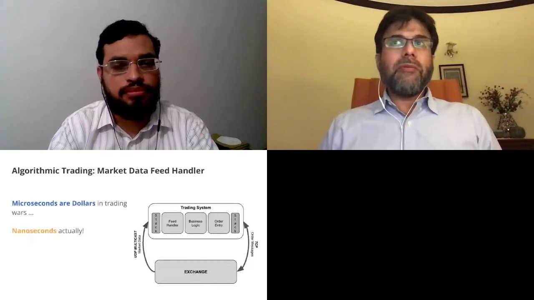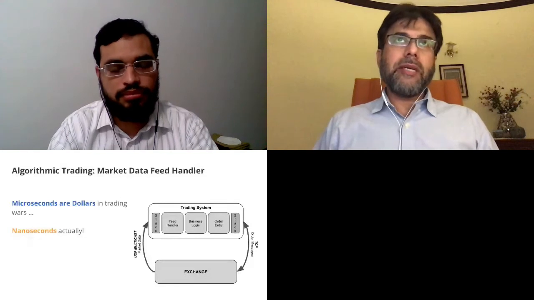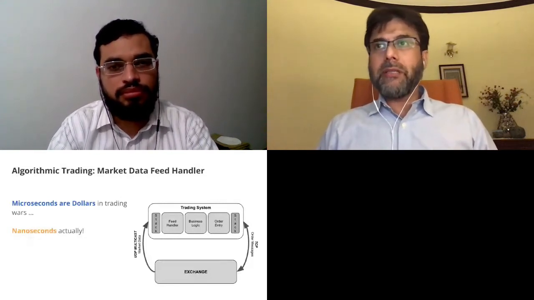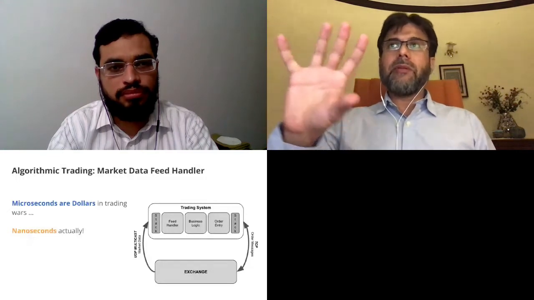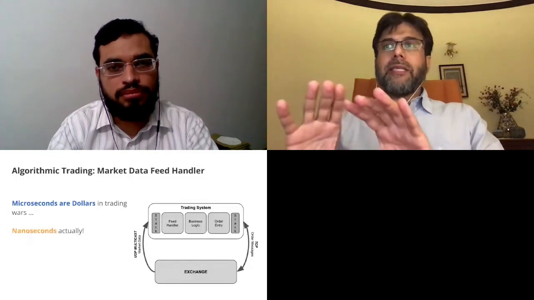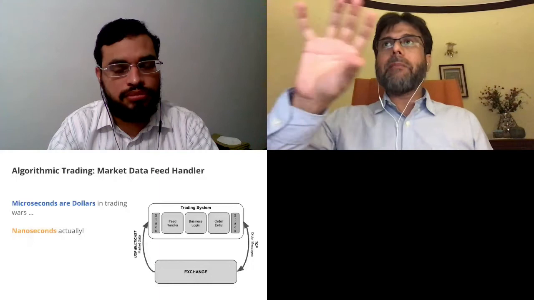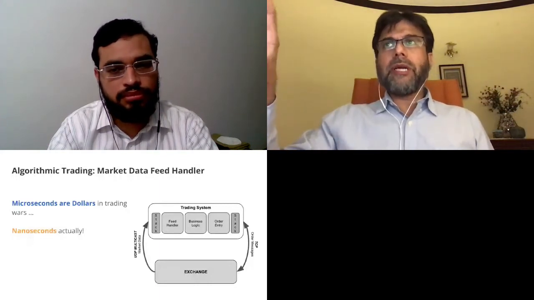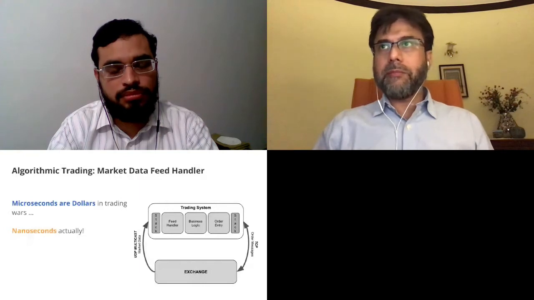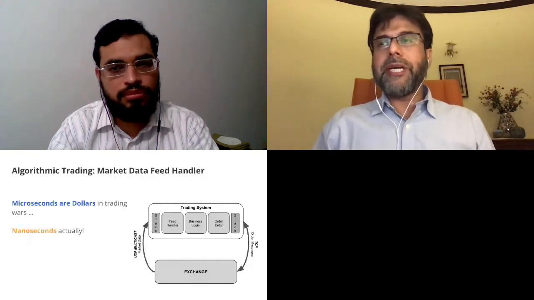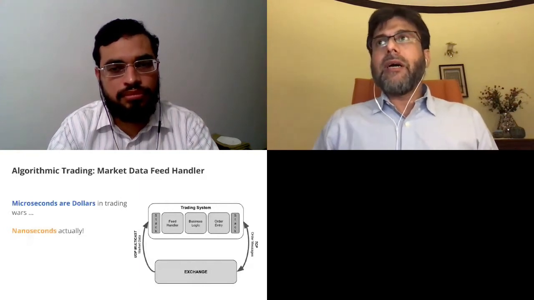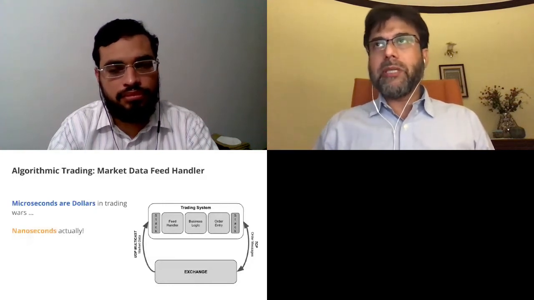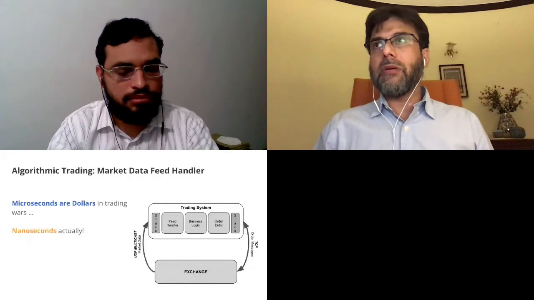So let me lay out what an algorithmic trading application looks like and the part that we worked on. If you look at the picture here, there's the exchange at the bottom, and then there's the application or the trading system running in a co-location facility geographically close to the trading venue or to the exchange. It's sometimes hardware, but mostly it's software running in co-location.